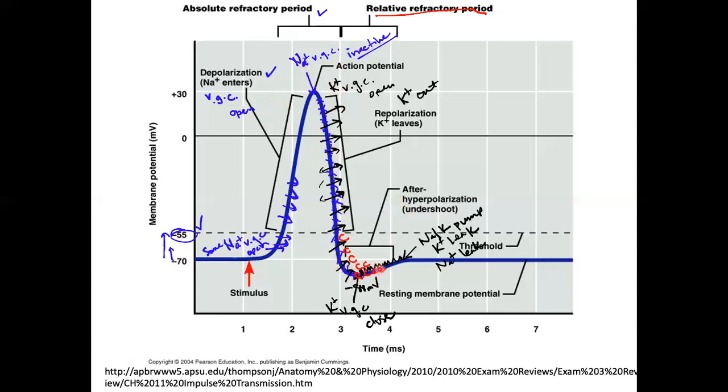Okay, so below is hyperpolarization. And then at the bottom, potassium voltage gated channels close. What brings us back to resting? Your sodium potassium pump, your sodium leak channels, and your potassium leak channels. We have more potassium leak channels than sodium, so it's primarily due to the pump and potassium leak channels.